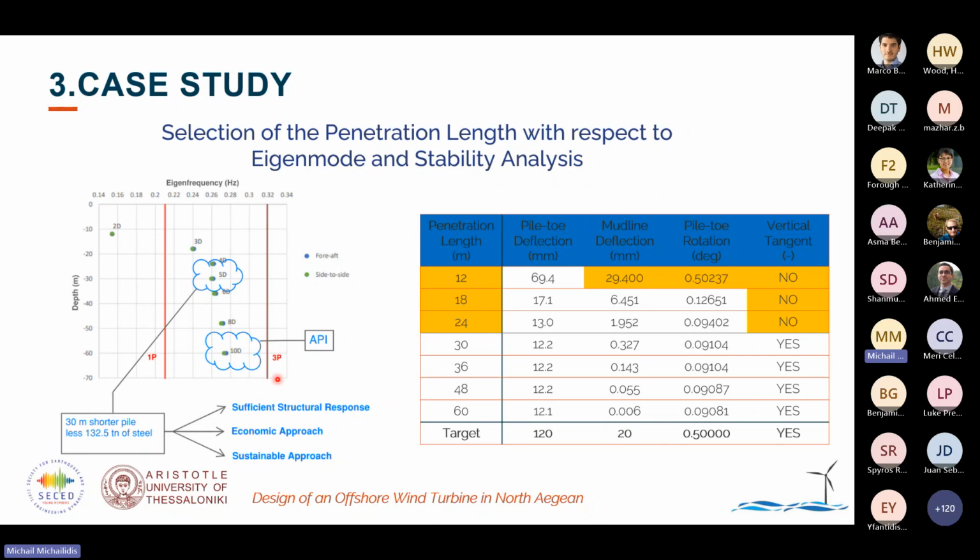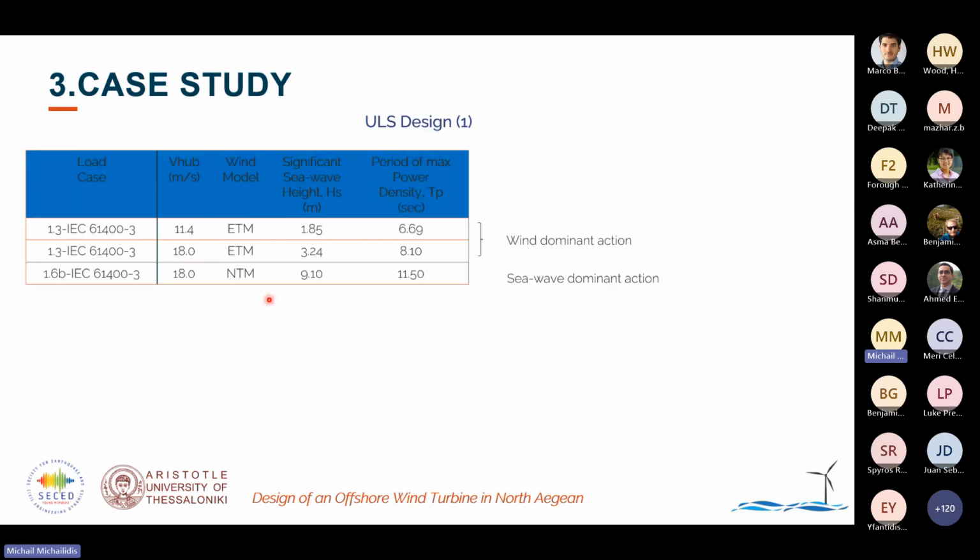The API, on the other hand, suggests 10 times the diameter as a suitable penetration length, but by this study, we can suggest that we can reduce the penetration length to 5 times the diameter in order to ensure the serviceability criteria and still be in between the ranges of 1P and 3P natural frequency that we need to account for in order to avoid any potential excitation.